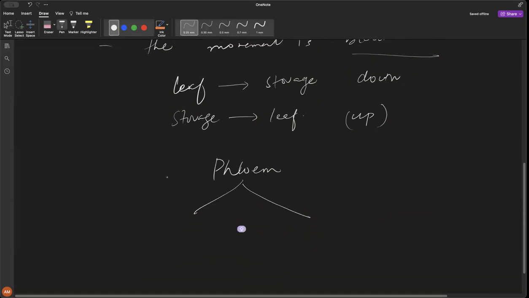We have sieve tube elements, sieve tube cells, anything. And the other part is the companion cell.